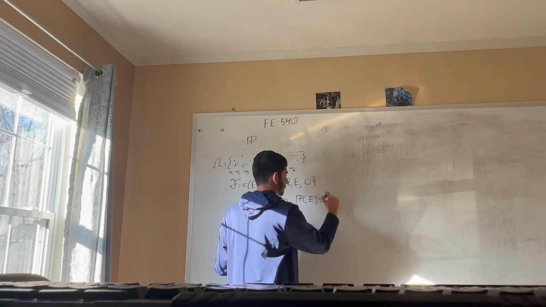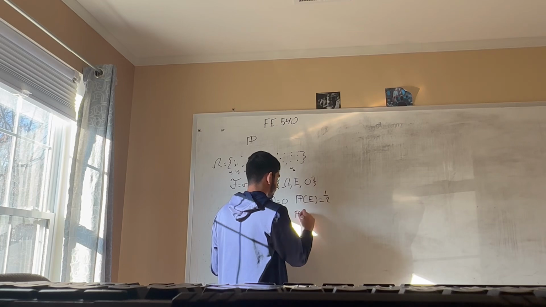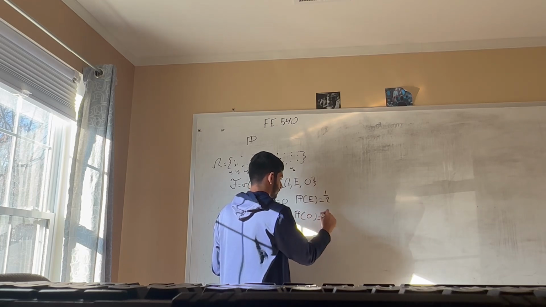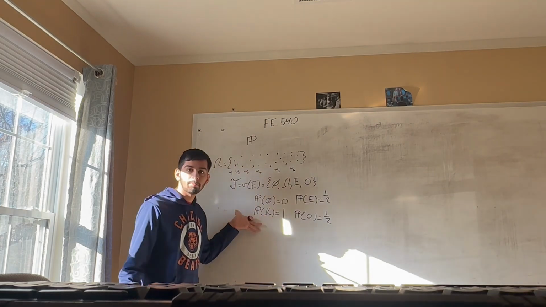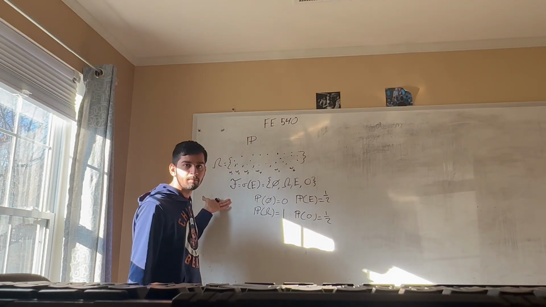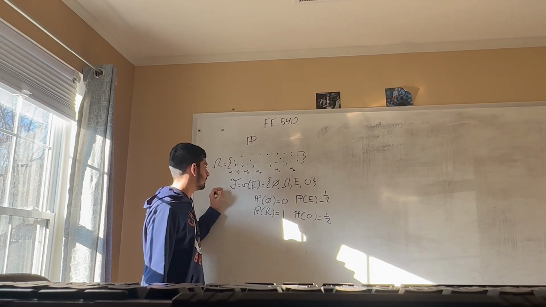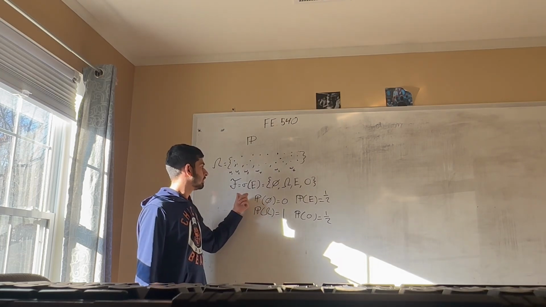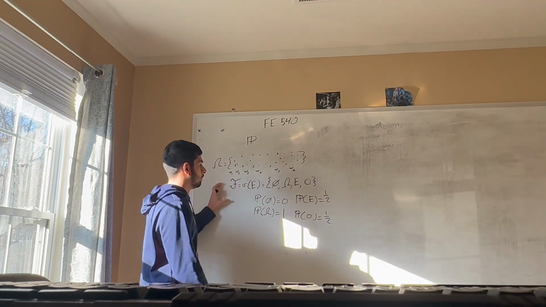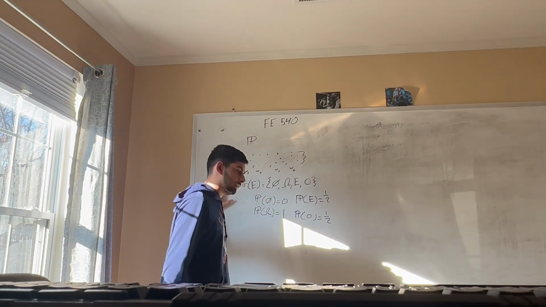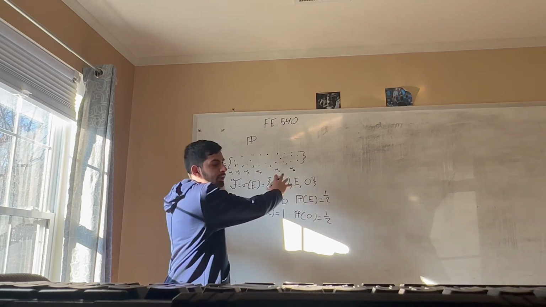So I'll just put 1/2 here for now. And the probability measure of O is also 1/2 for the same reason. There it is, the probability space of a fair die when we're considering the outcome being even or odd. Now notice here, we're not necessarily interested in the outcome of any individual one.